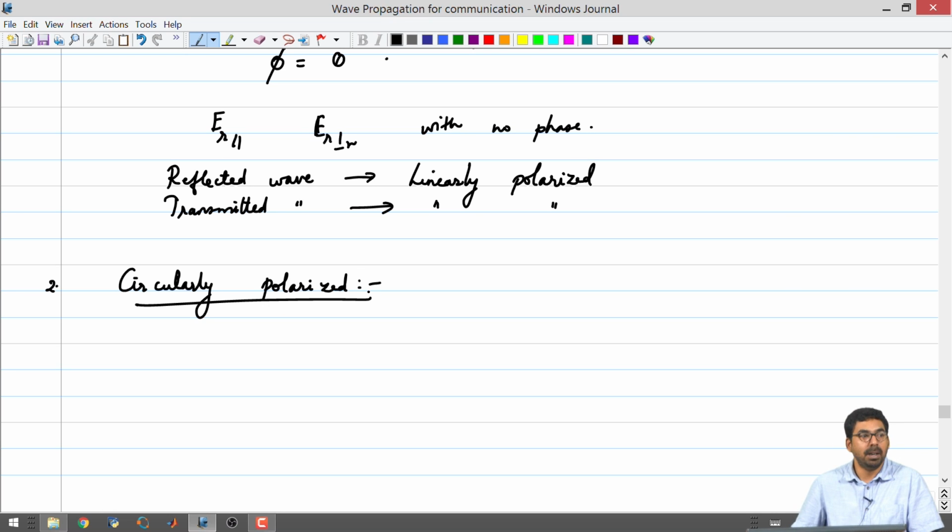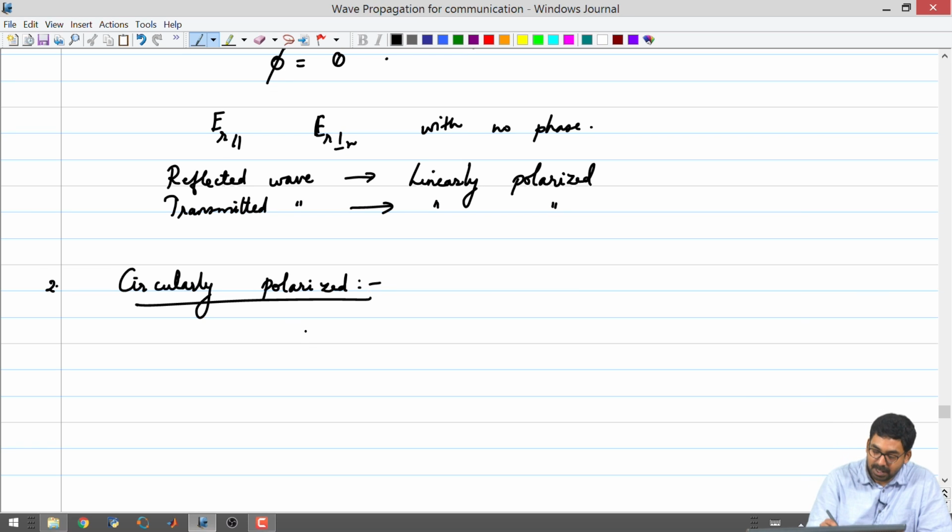If it was plus pi by 2, you would have one handed circular polarization, maybe it is right or left, and if it is the opposite minus pi by 2, you will be having the opposite evolution of polarization. It is the opposite, one is right handed, another one is left hand circular polarization.